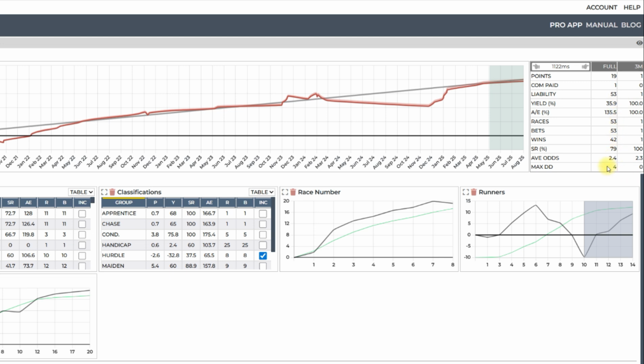Your liability, your max DD is going to be very low overall, so you can ramp it up with your staking without risking your mortgage. And the annual returns, at about £10 per bet, are going to make this very worthwhile with minimum risk.